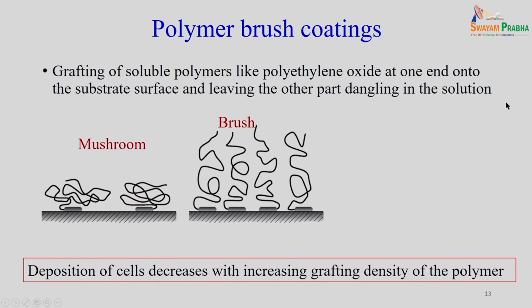So, another aspect is if you can graft soluble polymers like polyethylene oxide, which at one end are attached on the surface and the other end will be in the solution, which is going to interact with the bacterial cells.